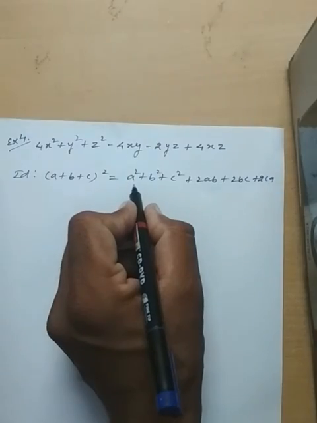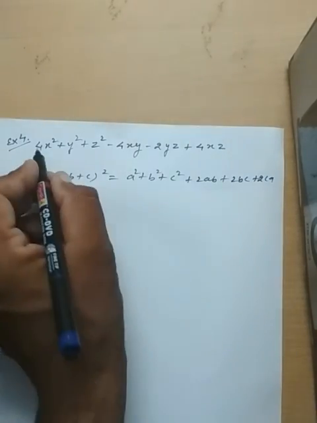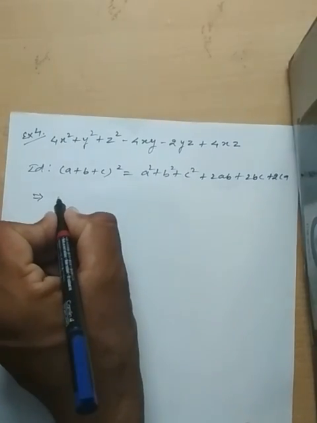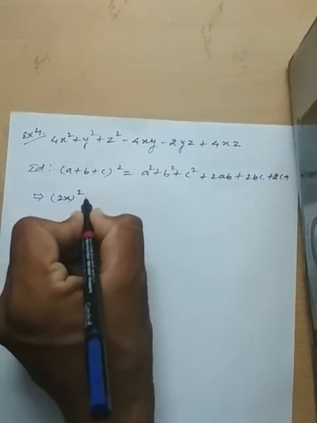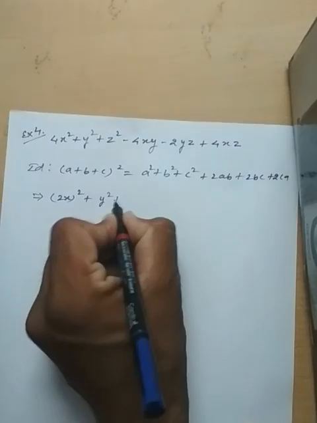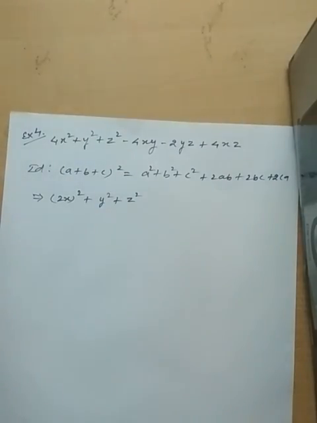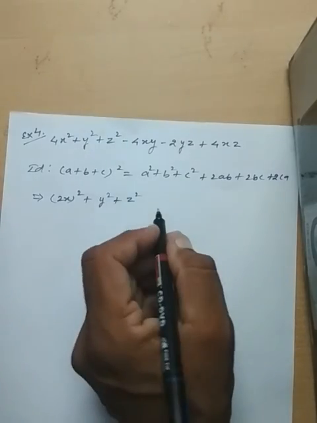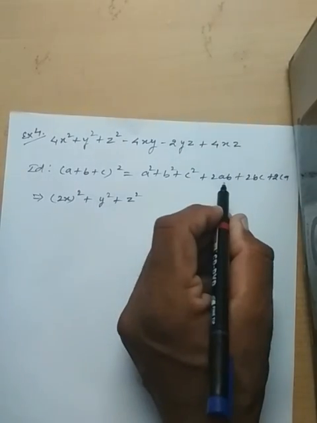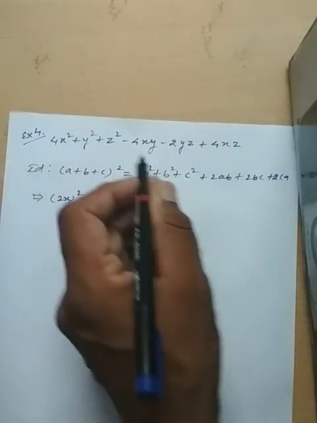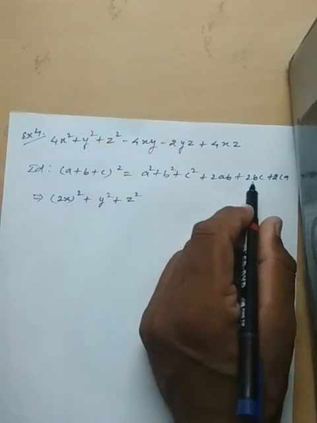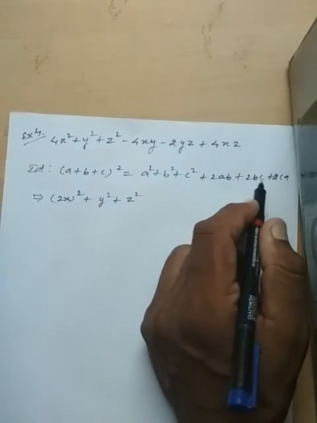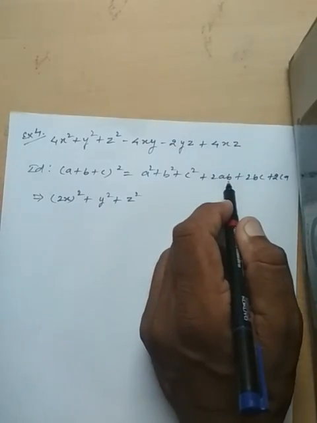So first of all make the whole square of the first three terms. Here 4x² can be converted into (2x)², plus y² and z². This is equivalent to a² plus b² plus c². Again 2ab is negative, and the next term 2bc is negative. So in the product of ab and bc, one term should be negative.